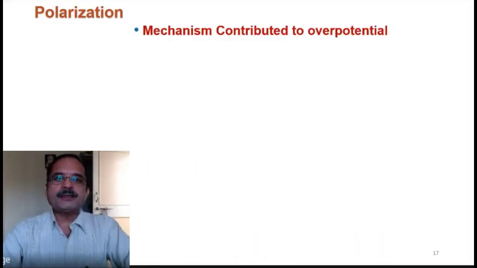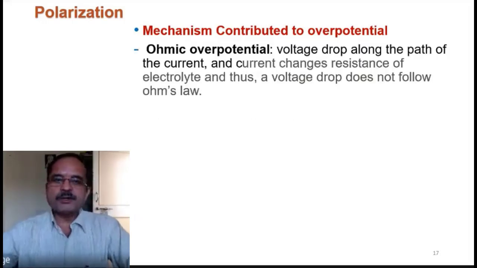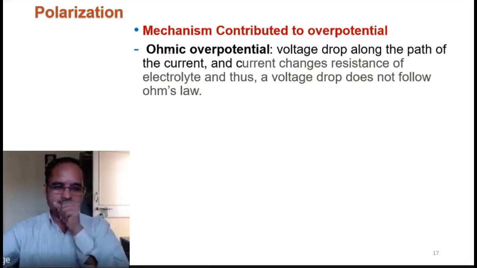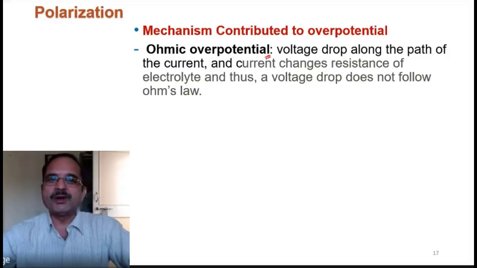Now why is this over potential developed? It is because of three factors, which we call polarization. First one is the ohmic over potential.